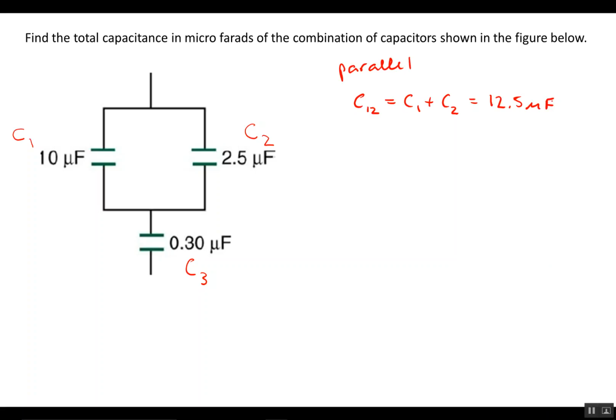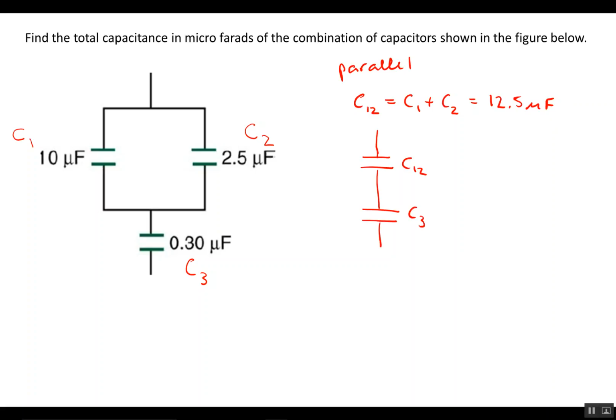Now we can think of this circuit as an equivalent circuit with one capacitor equivalent to 1 and 2 together, call that C12, in series with C3.